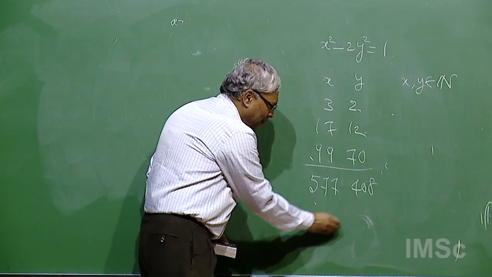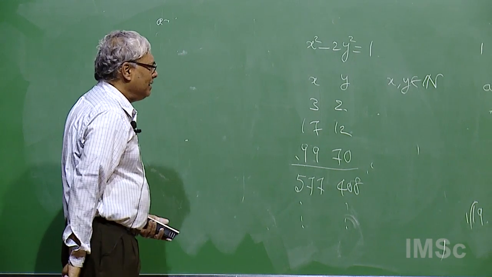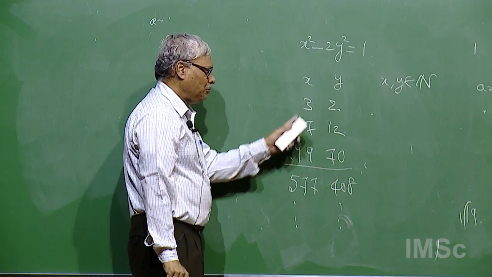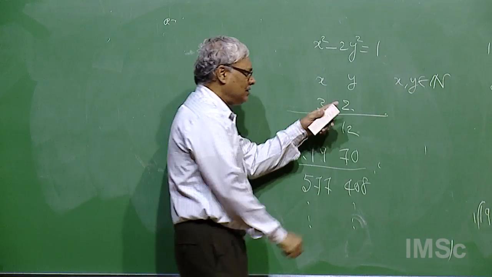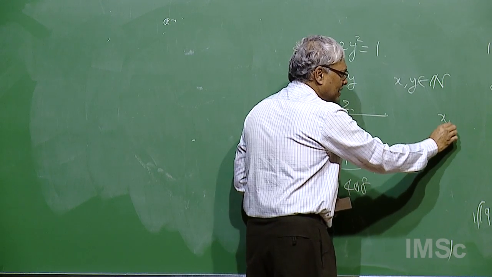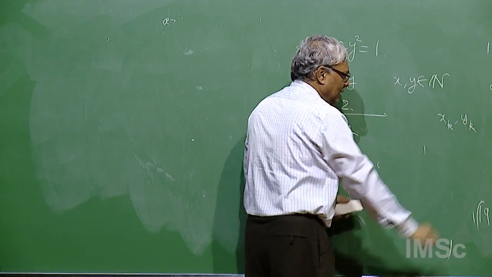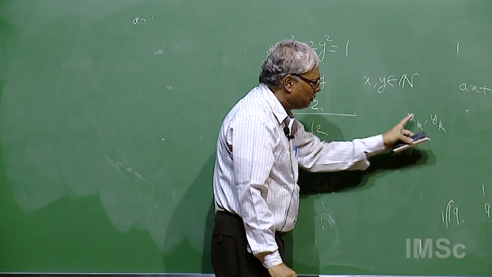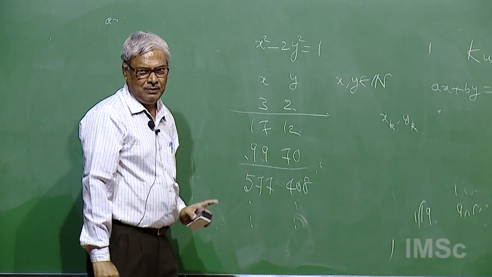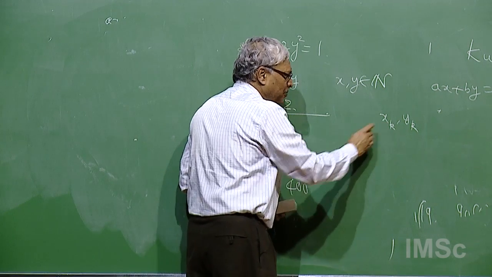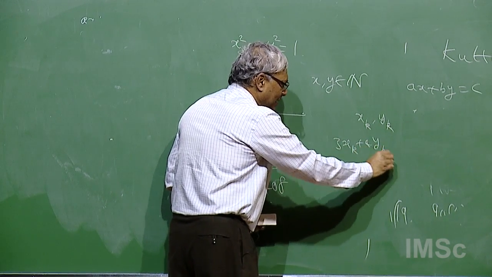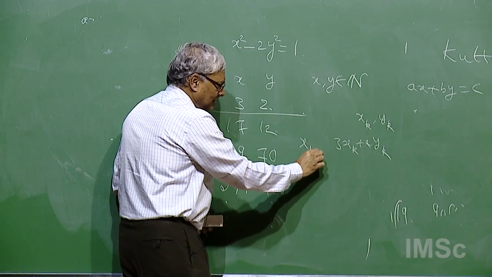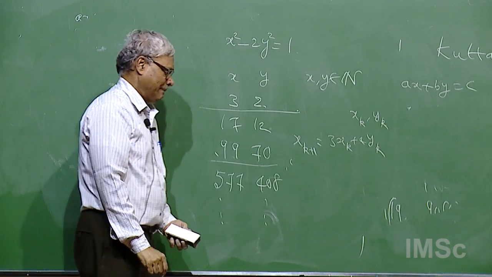That's one way. And another method is, you don't have to even worry about two solutions. Just take one solution at any stage, say xk comma yk, and use these two together to get the next solution. The idea is to take the combination 3xk plus 4yk as the next value of x. I will call it xk plus 1.